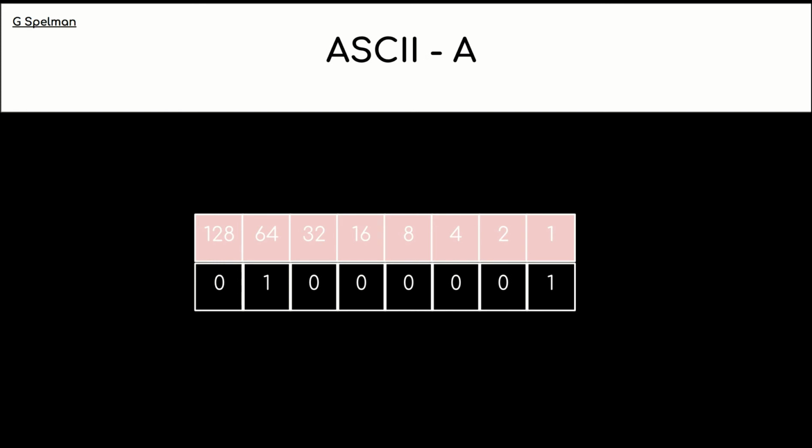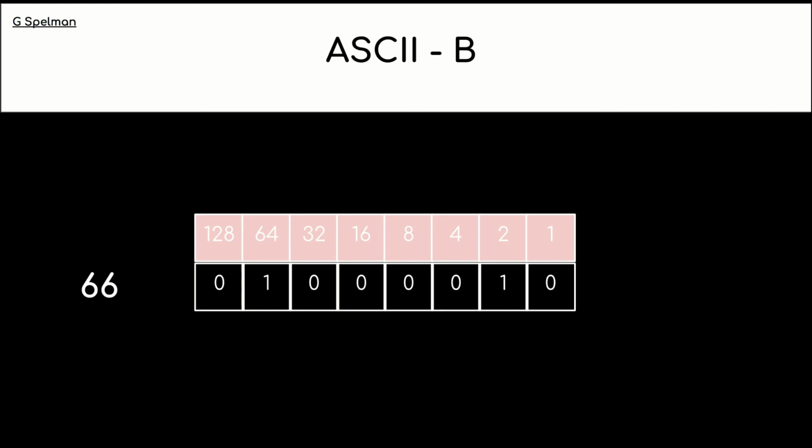So in ASCII, the capital letter A is represented by the binary number for 65. Capital letter B is going to be 66. You're not expected to remember these codes. You don't need to know any of them. But what you do need to know is that a letter or a character is represented by a binary number in ASCII, so it's encoded.